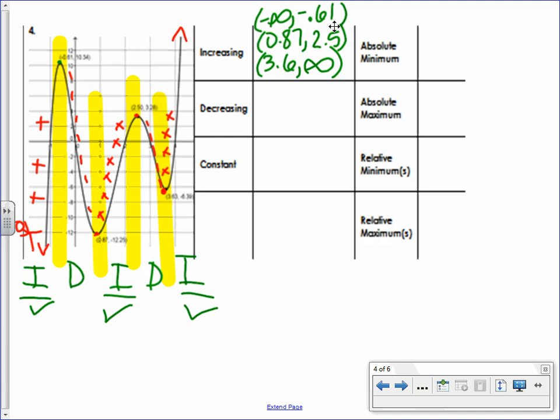Now let's go in and label all my decreasing intervals. I've got two decreasing intervals that I need to label. My first decreasing interval is going to be from, let's see, negative 0.6 or negative 0.61, I guess, until 0.87.